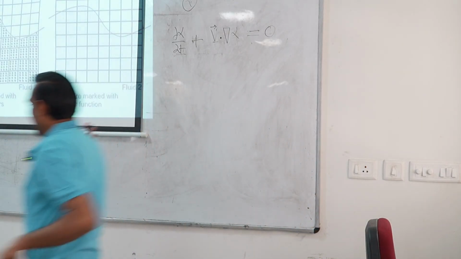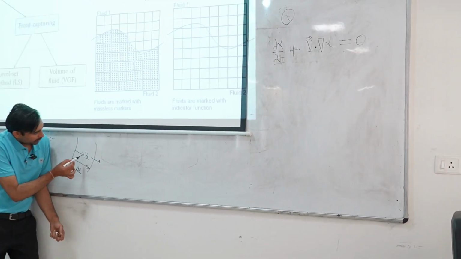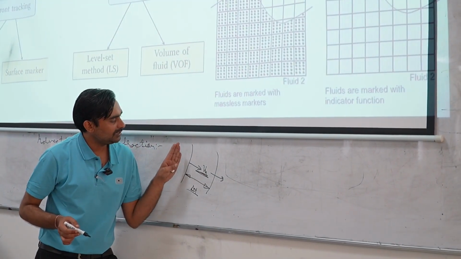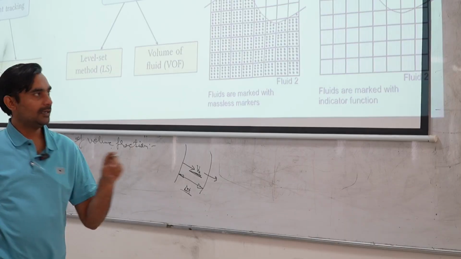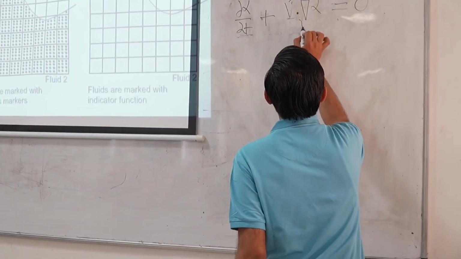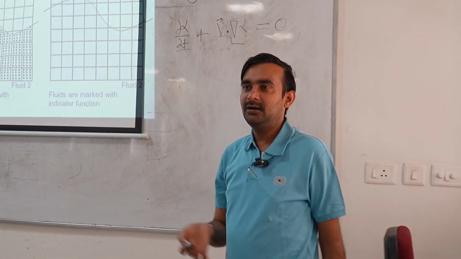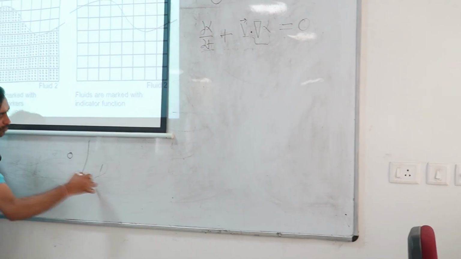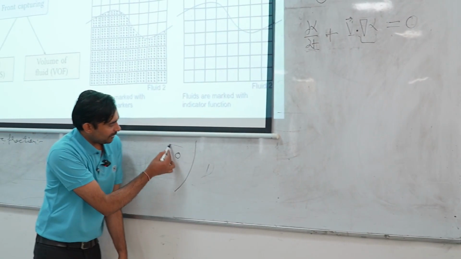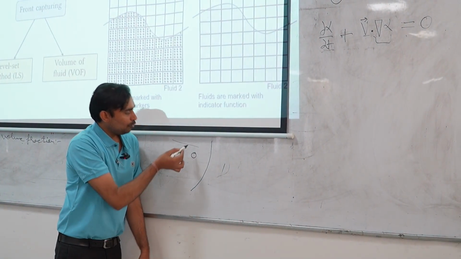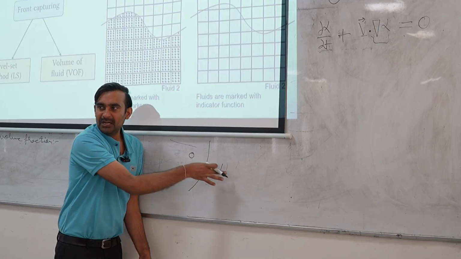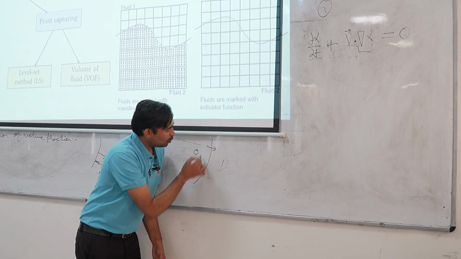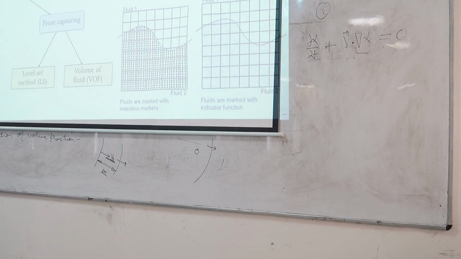One important point you now have to understand from the basic physics: I told you that I need to calculate the normal component of the velocity, and that will tell me how the interface will actually be moving. So, I am using here the gradient operator on field alpha. What is field alpha? Field alpha is 0 here, 1 here. In the bulk of fluid 1, the value of gradient alpha will be 0. In the bulk of fluid 2, gradient of alpha will again be 0. The first point is that gradient of alpha will be applicable only at the interfacial cells.